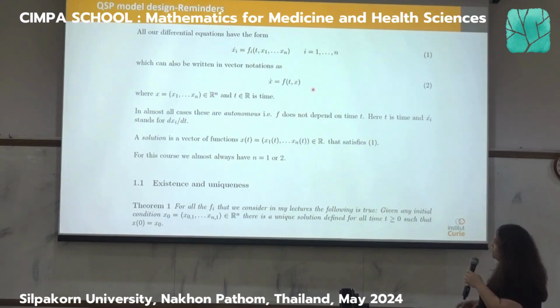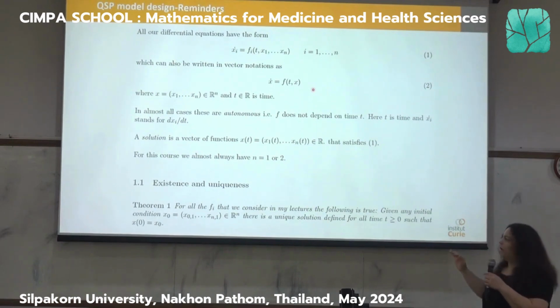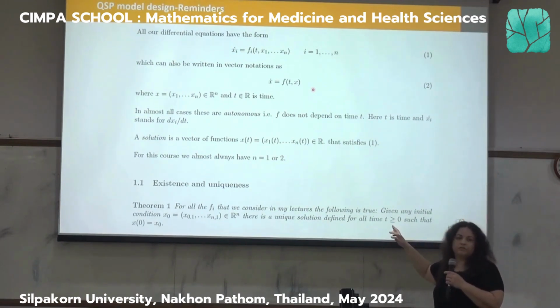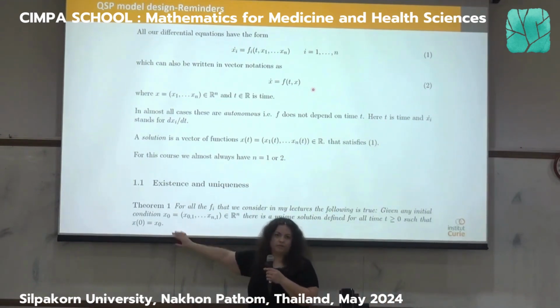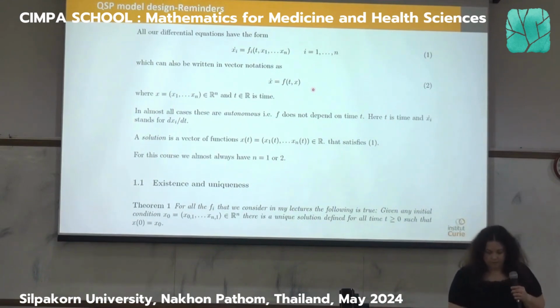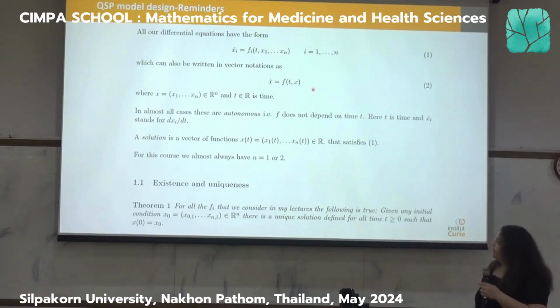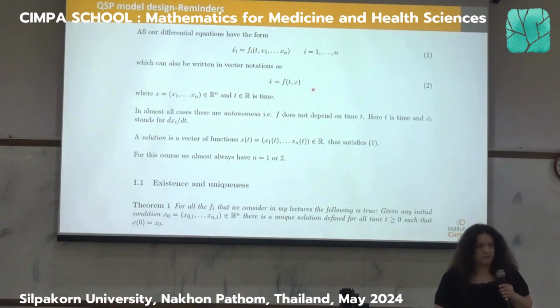So the idea is that for all the systems I'm going to show, you have existence and uniqueness of the solution, provided that you actually give the initial condition. So that's super simple. I guess that everybody got this. Okay, so existence and uniqueness.